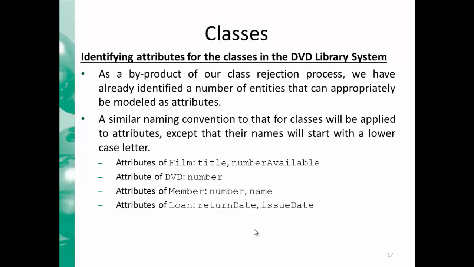If you go back to the system domain of our DVD library, we may find that the film class, for example, has attributes such as title and number available. DVD has an attribute number. Member has attribute number and name. Loan has the attributes return date and issue date.